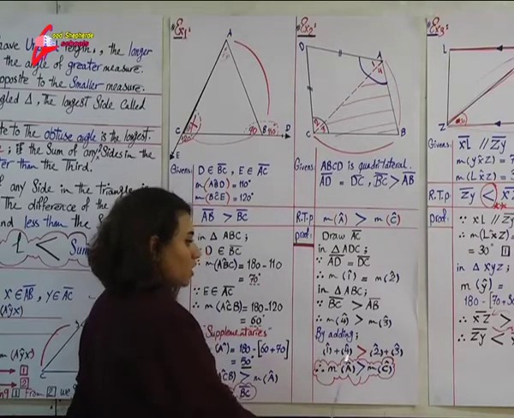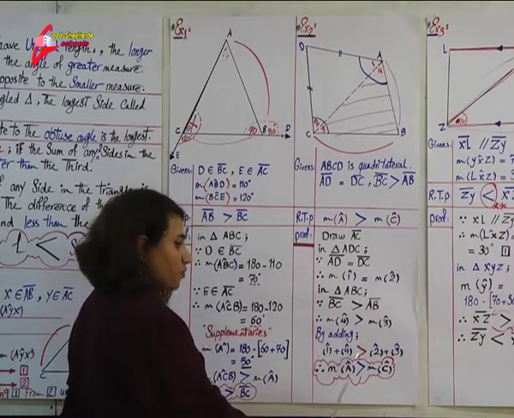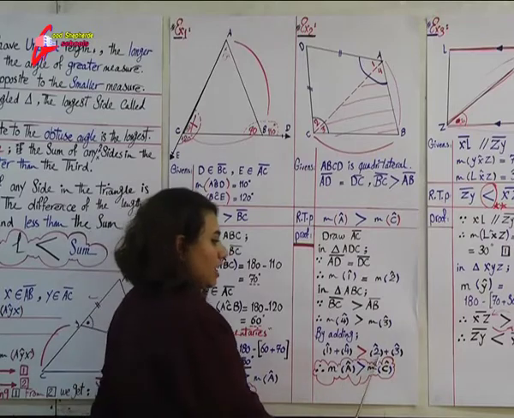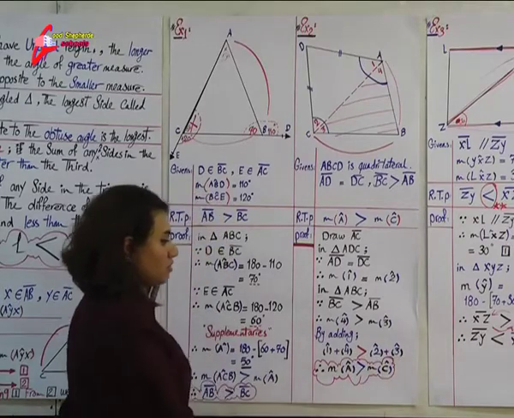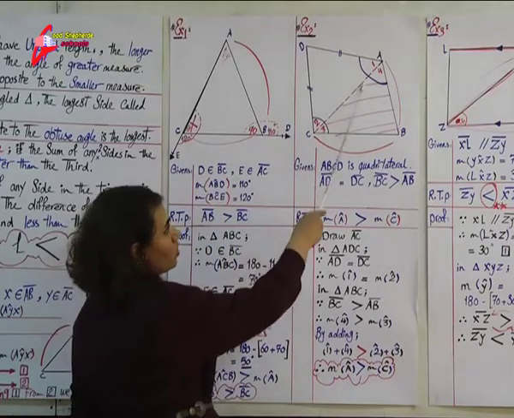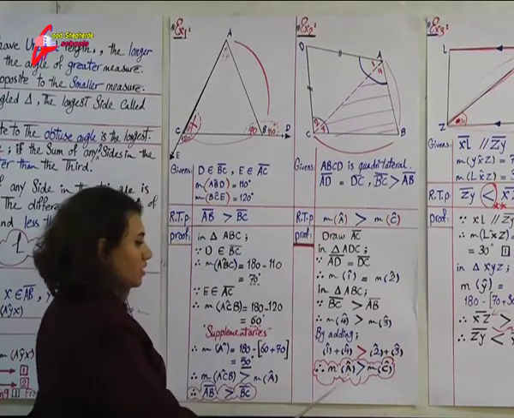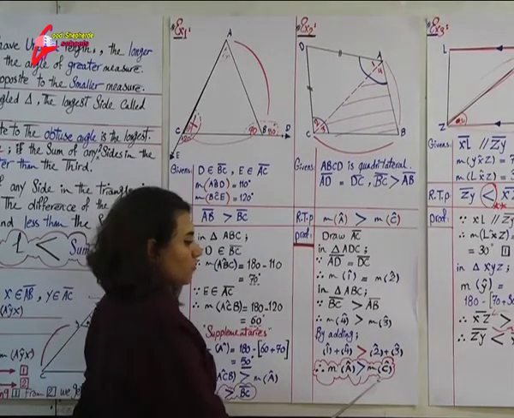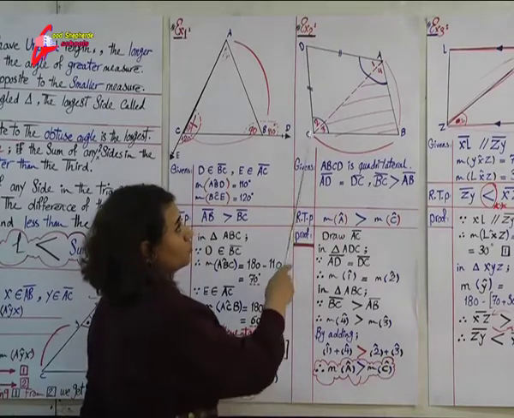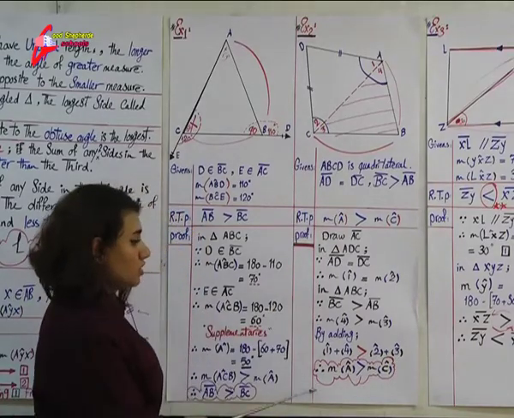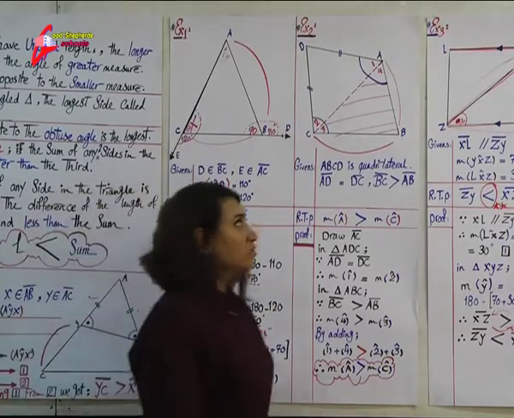It means that angle 1 plus angle 4 will be greater than angle 2 plus angle 3. Angle 1 plus 4 is called angle A, which means angle A is greater than the measure of angle C, which consists of 2 and 3. And that's what we need, the question is done.